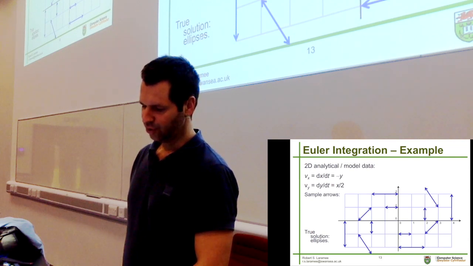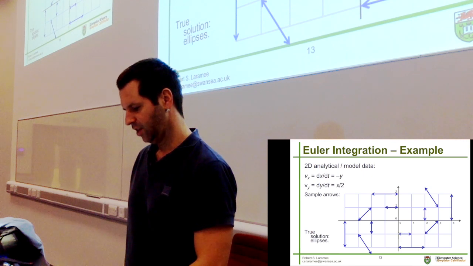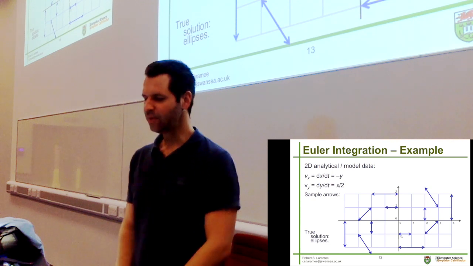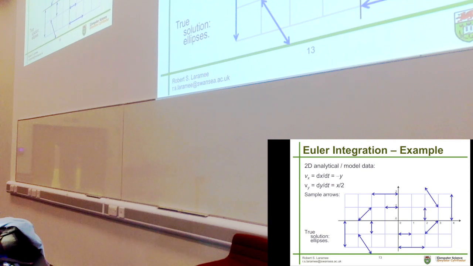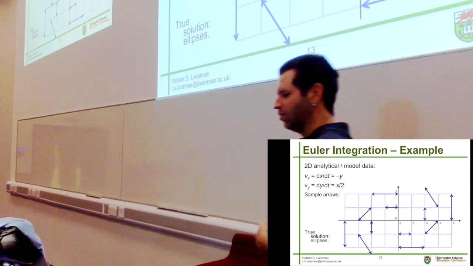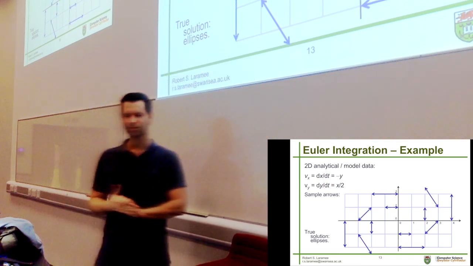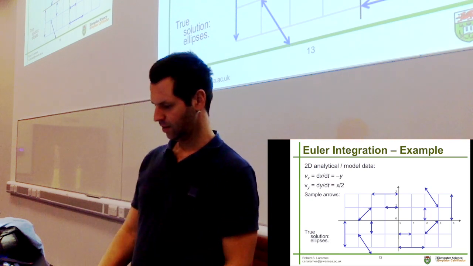The true solution are ellipses. So actually, if we started here, we would trace out an ellipse that looked like this. But when we look at this slide, it's approximating, it's showing examples using arrow glyphs, like what the vectors look like using arrow glyphs. So that's the part one, we have to understand that.